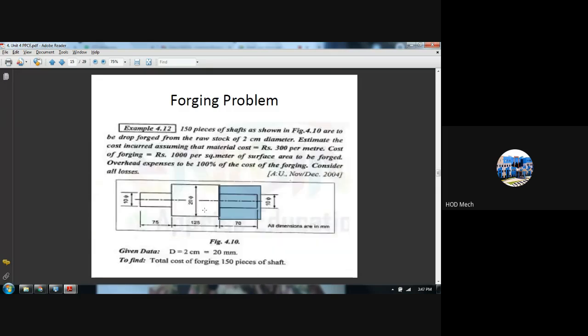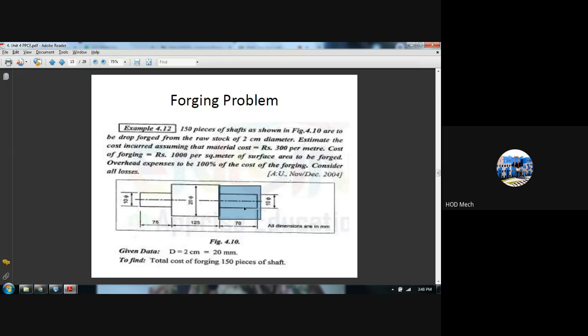Now you may have a doubt: sir, why have we done 20 minus 10 here? If you don't include this 20 minus 10, this 20 diameter would not be reduced by 10, and the 70 would come straight from here. Then the material will become a single diameter, and you will not get this diameter reduction. Therefore you are subtracting the portion of material that is not required, that is absent here on either side.